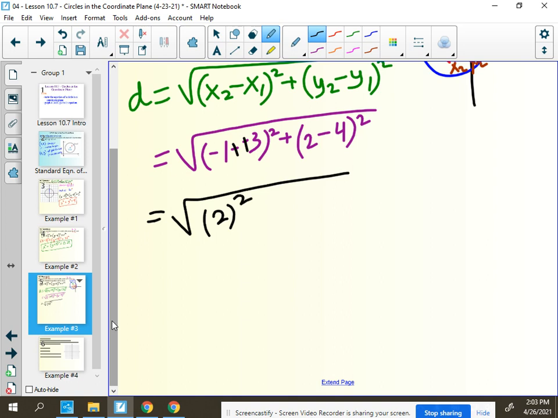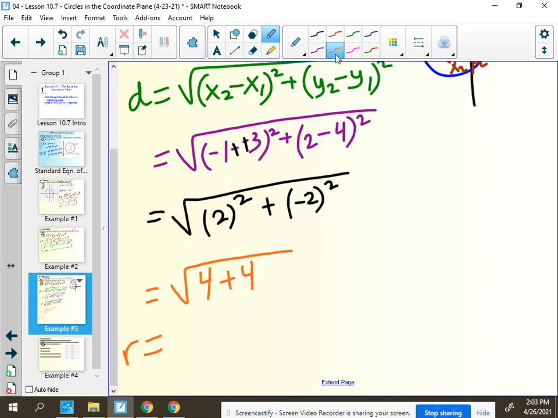We're going to square that. And then 2 minus 4 is -2, squared. Now I erased everything, I cleared it, so unfortunately they're not still there. But we just saw these numbers 3 minutes ago. So 2 squared is 4. And -2 times -2 is another 4. So we end up with a radius, the actual distance between our center and the point that we knew of, the square root of 8.